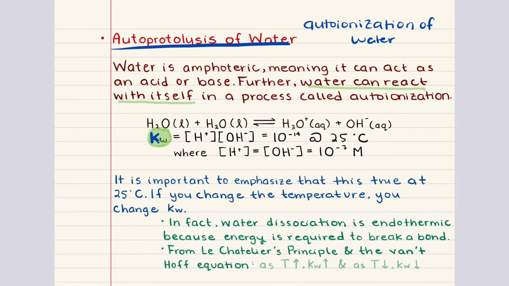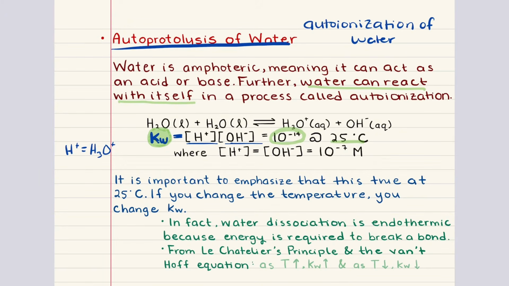Kw is equal to the concentration of hydronium ions multiplied by the concentration of hydroxide ions. Now at room temperature, which is 25 degrees Celsius, the value of Kw is equal to 10 to the -14. That's a very small number, and it reflects the fact that only a tiny fraction of water molecules are ionized at any given time.